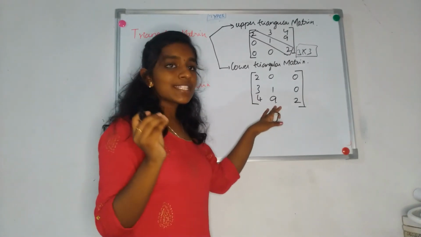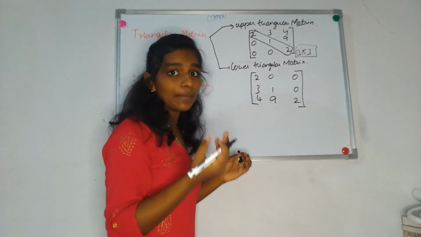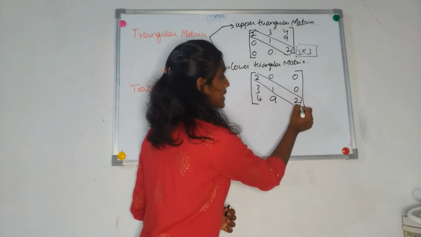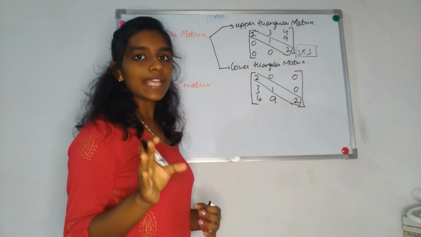So what does a lower triangular matrix mean? A lower triangular matrix is a square matrix where all the elements which are above the principal diagonal are equal to 0. Have you got the point?